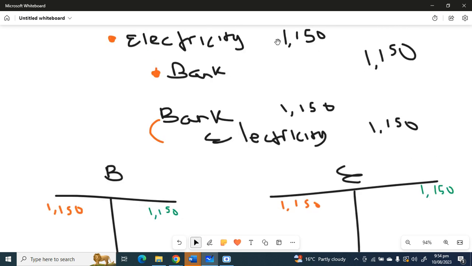The reverse entry: electricity has 1,150 on the credit side and bank has 1,150. So this green one has to be here.